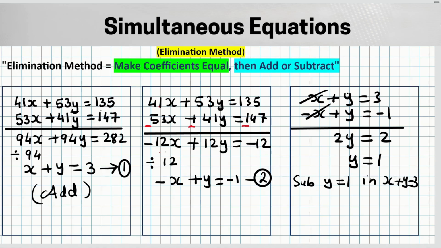So x plus y is equal to 3, correct? So x is equal to 3 minus 1. So the value of x is 2. I hope this is clear, students. So we solved the simultaneous equations using the elimination method.